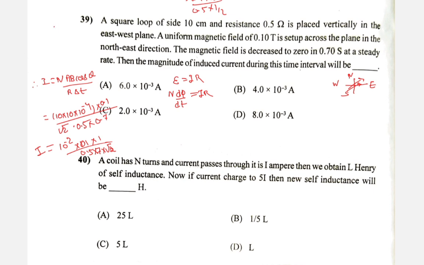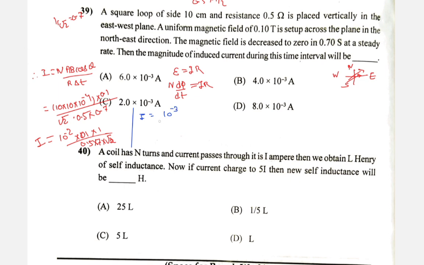But we know that 1 upon √2 is equal to 0.7. So we can rearrange this equation. I equals 0.3 power upon 0.5 multiplied by 0.7 and 1 upon √2 is equal to 0.7. Therefore I is equal to 1.5, that is 2 into 10 to the power minus 3 ampere. So the answer will be C.